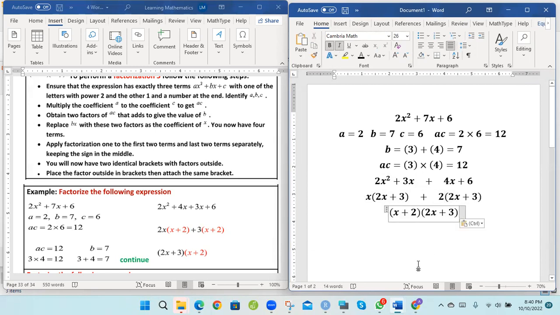That's one way to factorize a quadratic, the opposite of expansion. Your final answer must be in brackets. Whenever you factorize a quadratic, you have to get 2 pairs of brackets.